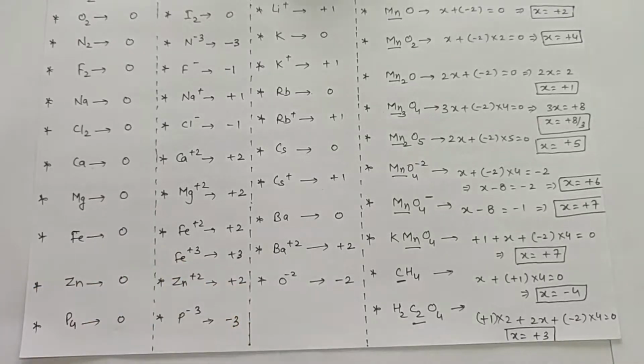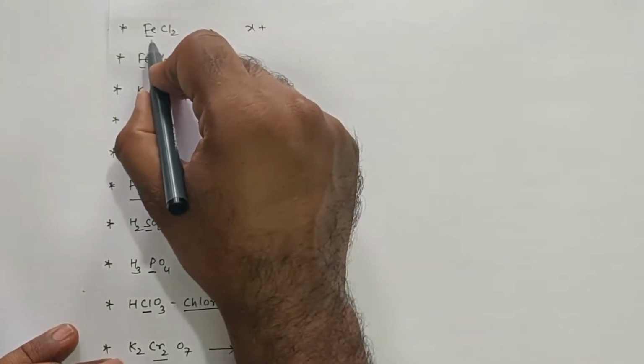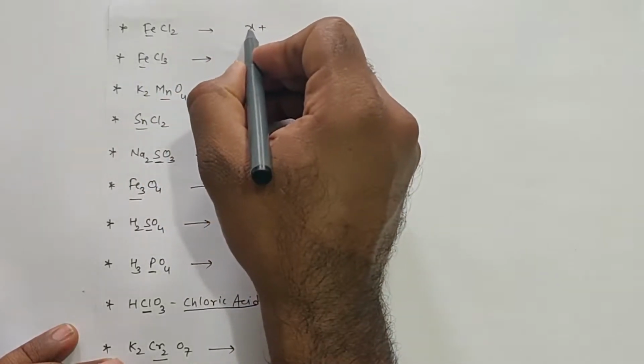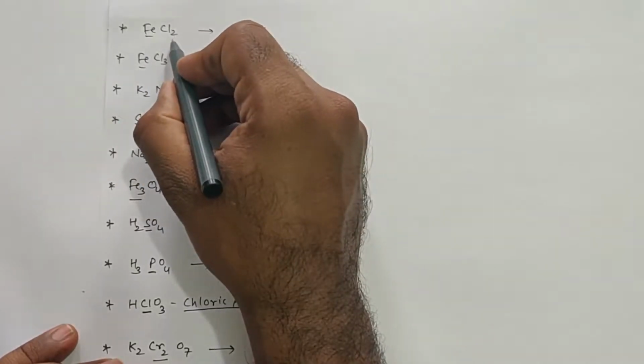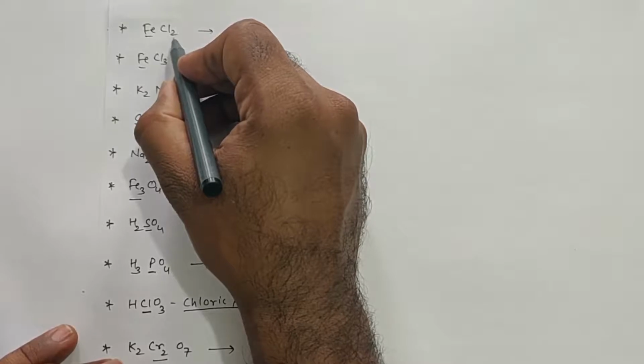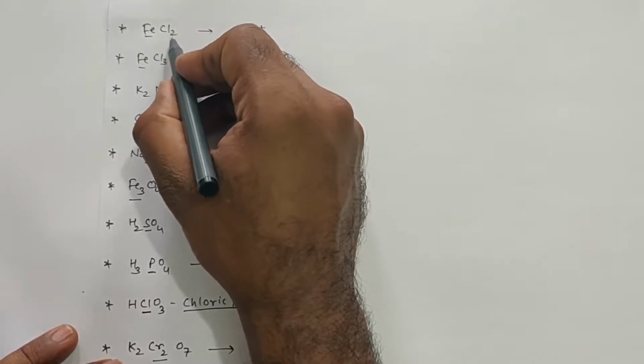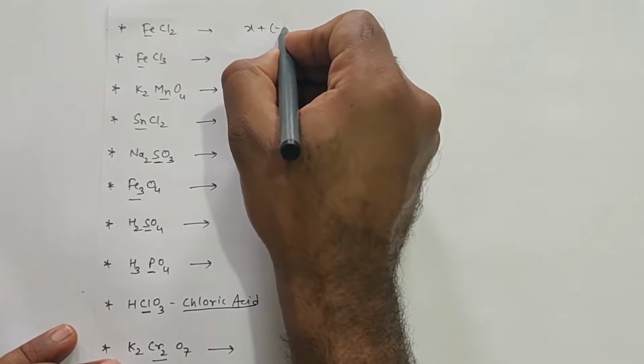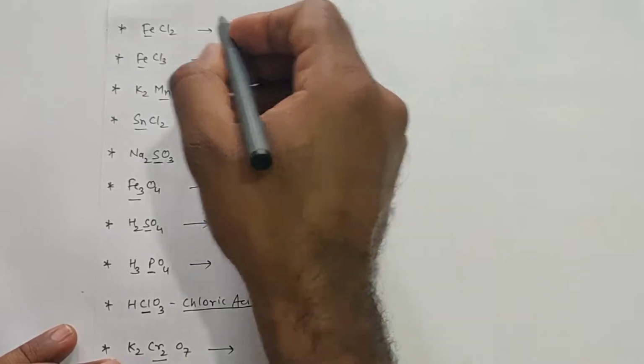These are some examples. Let's discuss some more. Let's assume the oxidation number of iron is x. Chlorine, being a halogen, usually shows minus 1 oxidation state. There are total 2 chlorine atoms, hence minus 1 into 2.